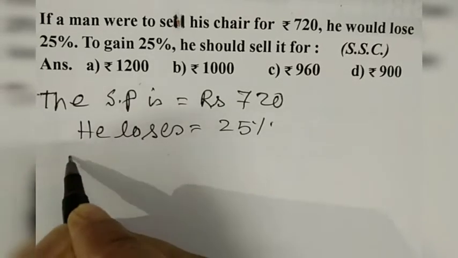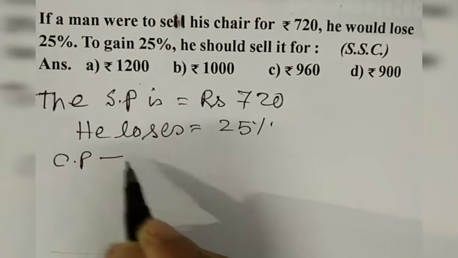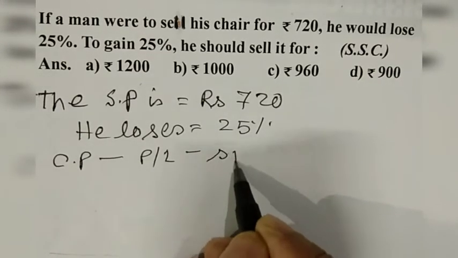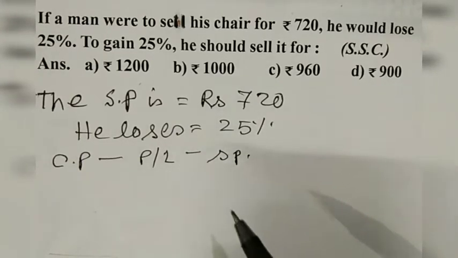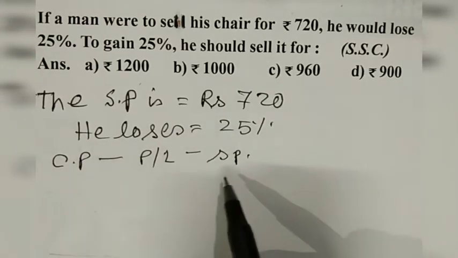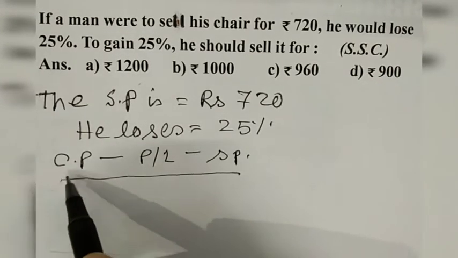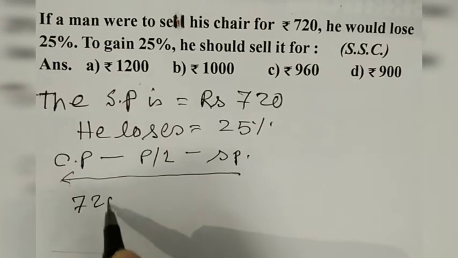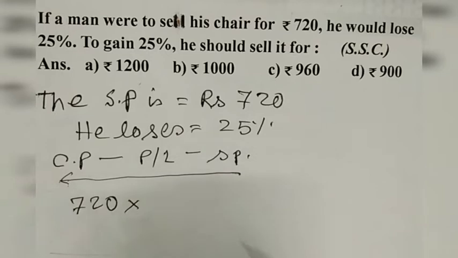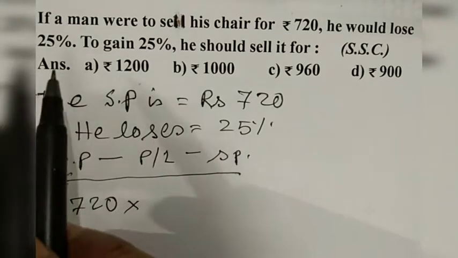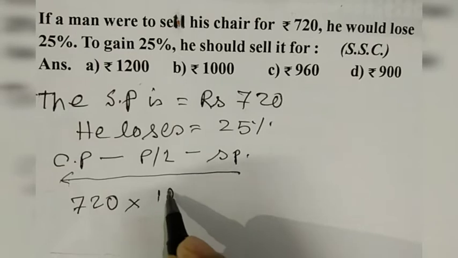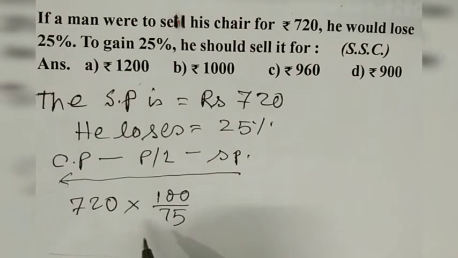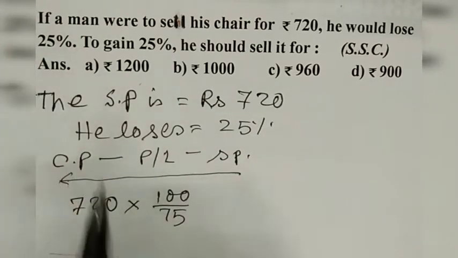Cost price, profit or loss, then selling price. This is to go back, selling price to cost price. Then selling price will be multiplied by 100 by 75, not 75 by 100, in case of 25% loss.